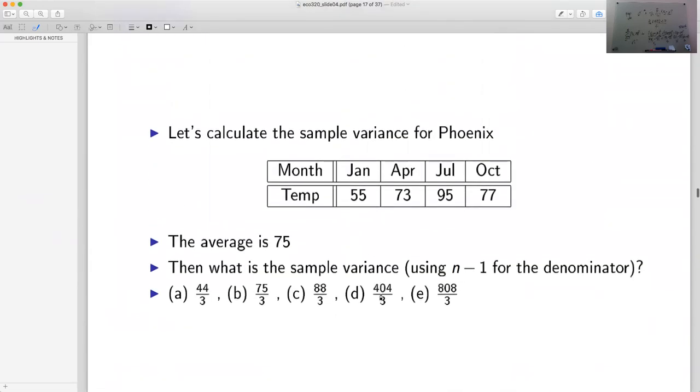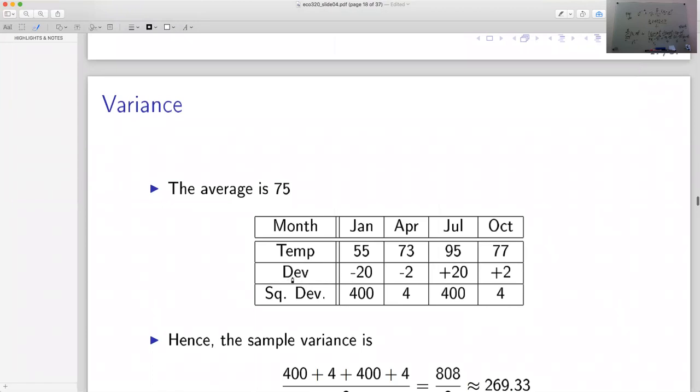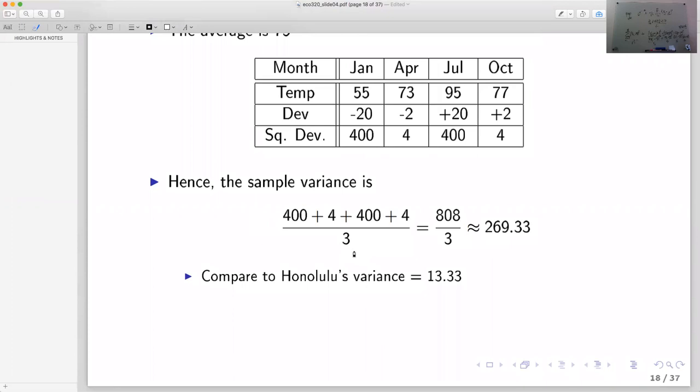I will leave you the answer, but make sure you pause this video and spend some time on this, okay? First find the deviations, get the squared deviations, add everything, and divide by 3 instead of 4 because it's a sample variance. So boom, this is how you get that.